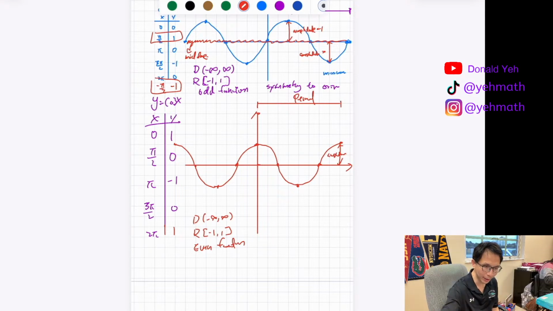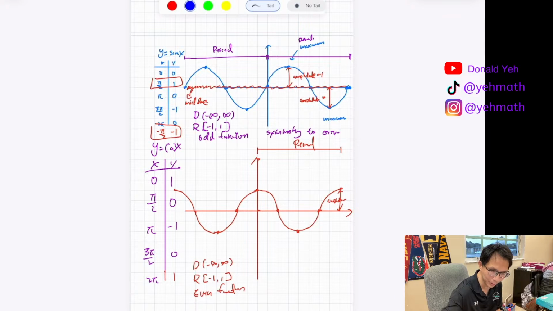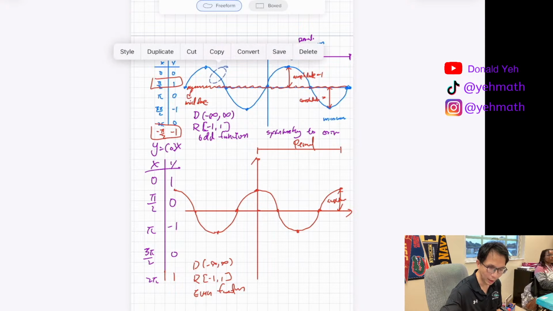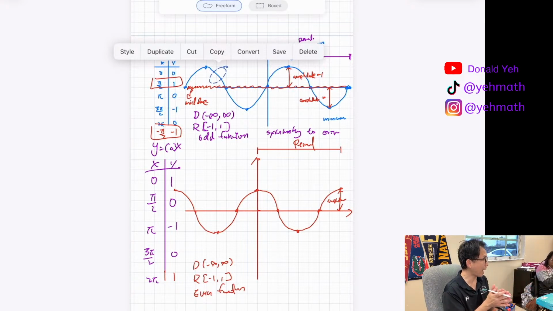If I take this graph and shift the whole graph to the left pi over 2, that will give me the exact same graph. So that is going to give you something called co-function identity.